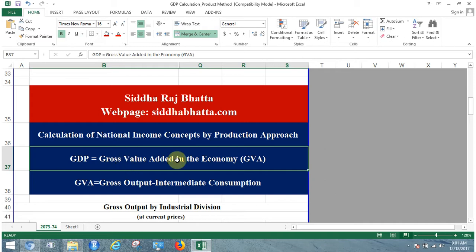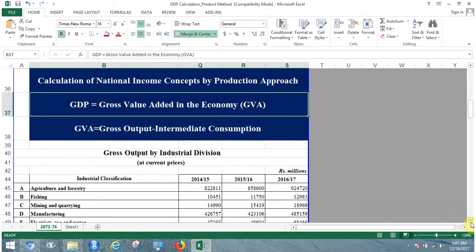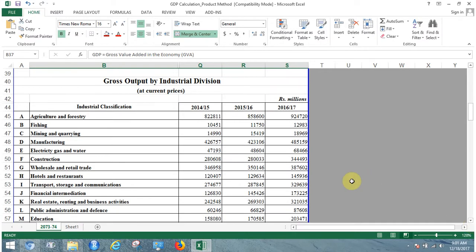The gross value added is calculated as the difference between the gross output produced and the intermediate consumption used in the production processes. So here is an example from Nepal.